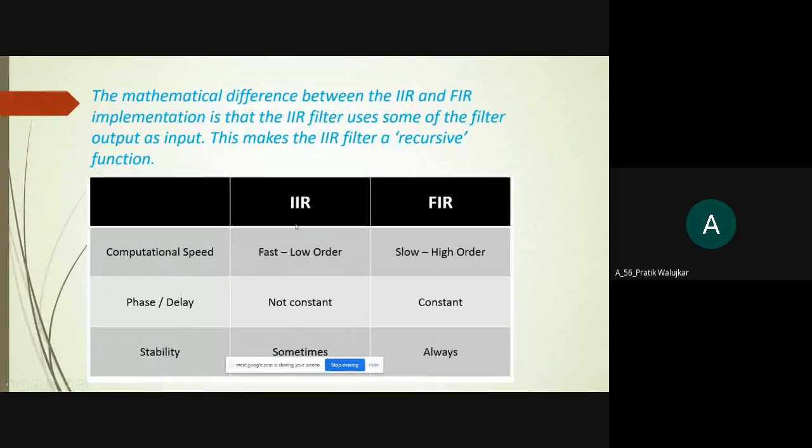This is the difference between IIR and FIR filter using these three points: computational speed, fast for low order in IIR, and slow for high order in FIR. Phase delay in IIR is not constant, and in FIR it is constant. Stability for IIR is sometimes stable, and FIR is always stable.